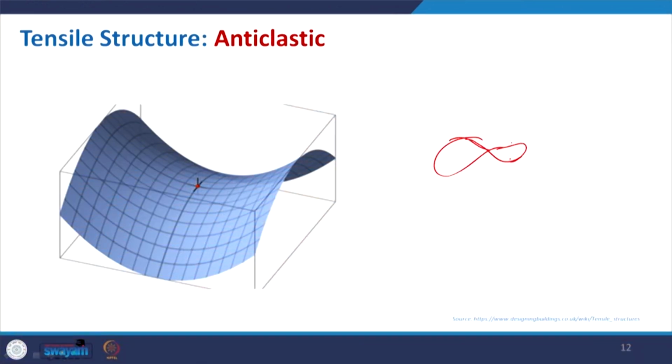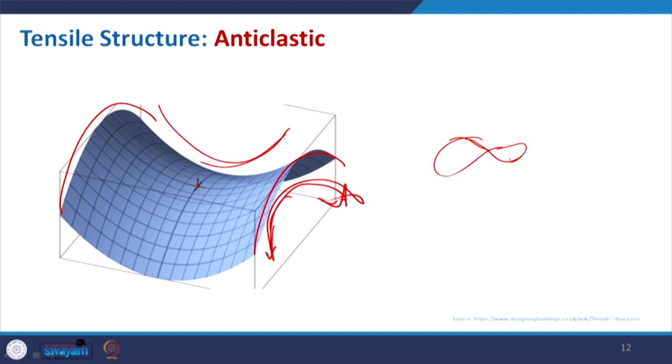So, what exactly this means is that here, if you see the curvature in this direction, and at the same time you have curvature in this direction. So, the same plane is arranged where two curvatures have opposite directions. So, this is very important to know for the anticlastic.